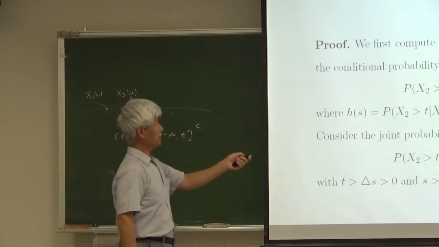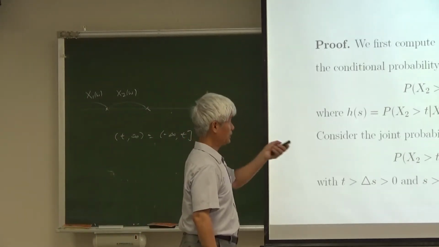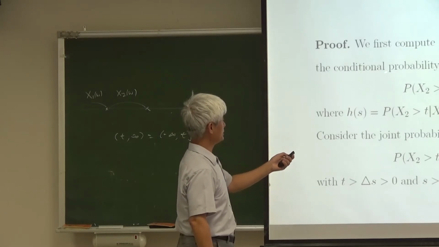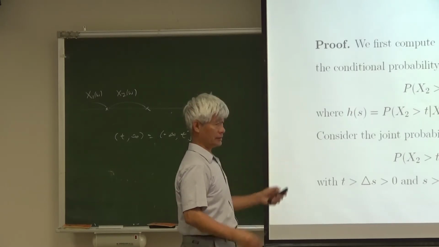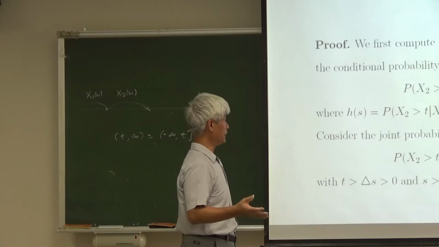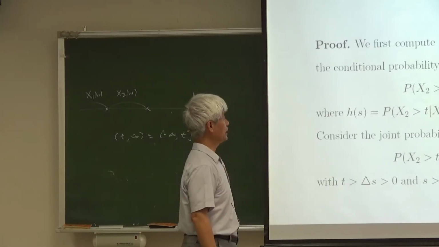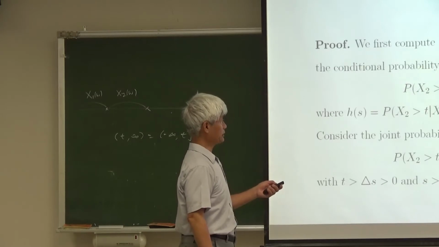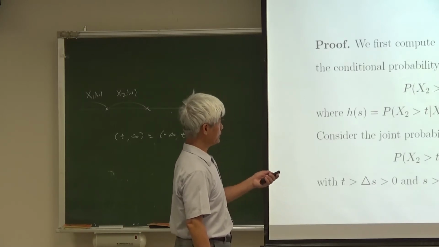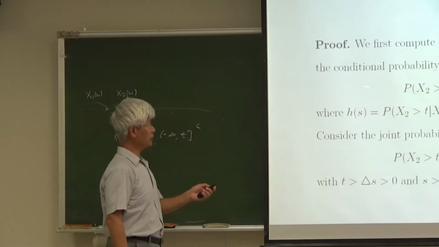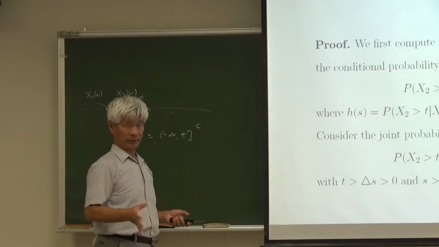All right, so we consider the conditional probability of this event. The event is that the second interval time is greater than some t, given x1. And of course, a version of that is a function of x1.